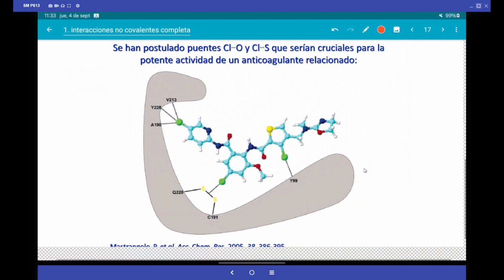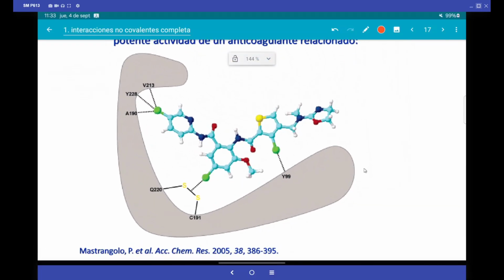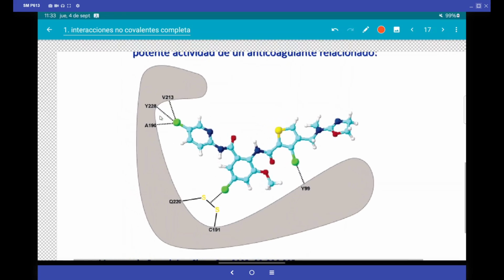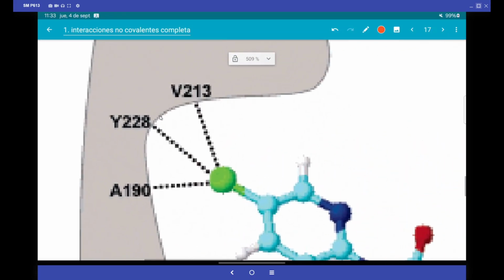There is another derivative similar to the previous one, also doing the interaction. Here we have 3 halogens, all chlorine: this one, the one above, and the one above that. Then what is the halogen bridge here, for example? With which residues? We already have interaction with alanine, tyrosine and valine.